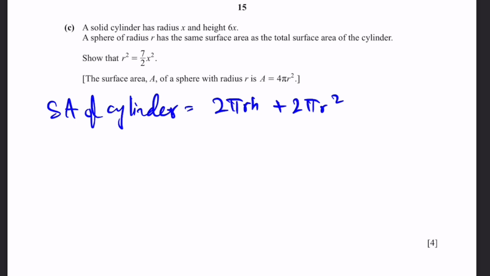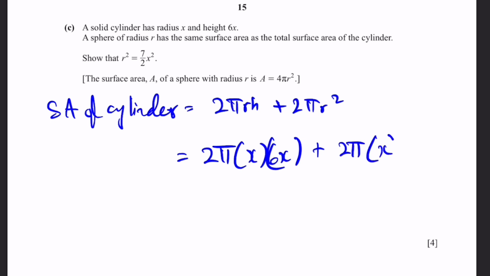And the surface area of a sphere is already given, 4 pi r squared. So now let's substitute the values for r and h, which will be x and 6x. That'll be 2 pi times x times 6x plus 2 pi times x squared.